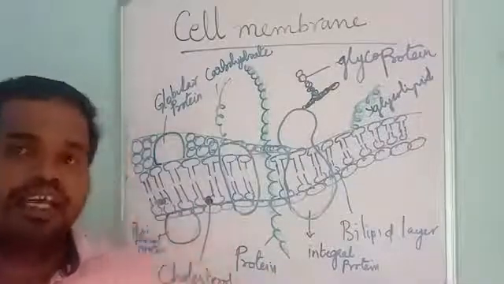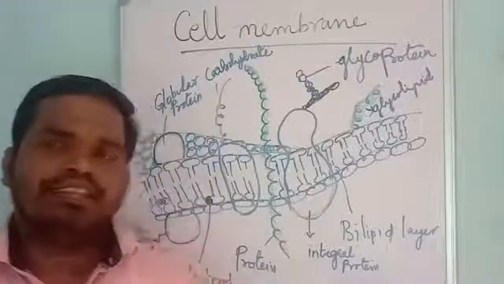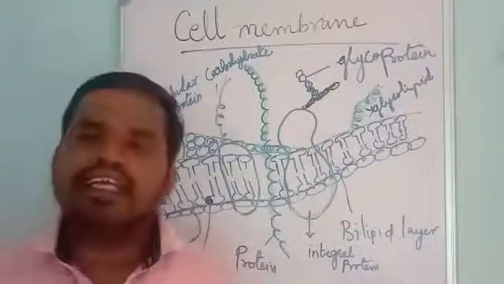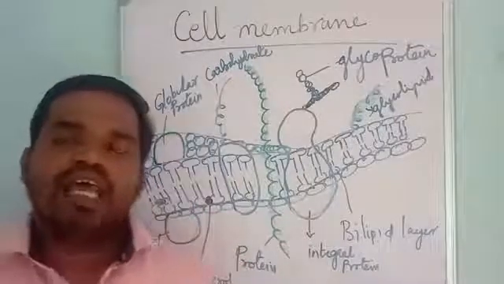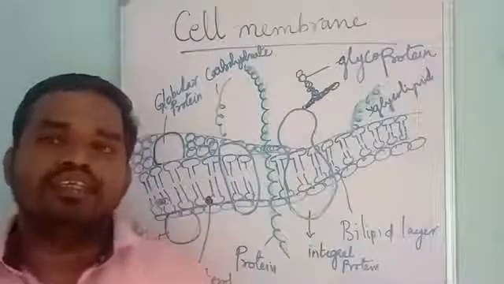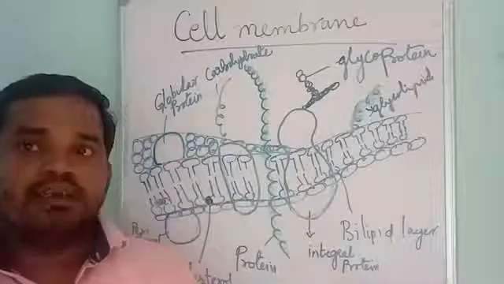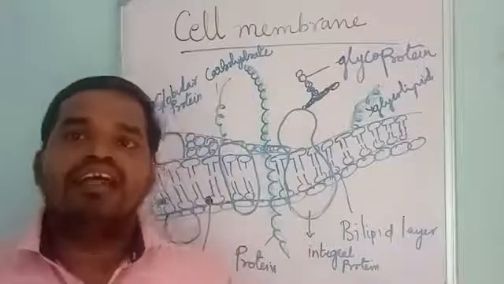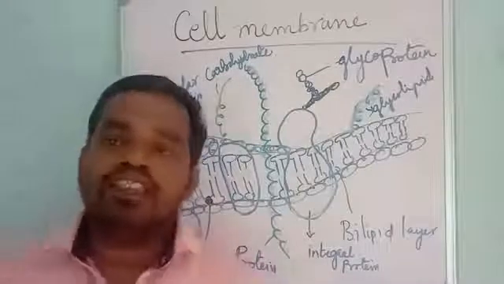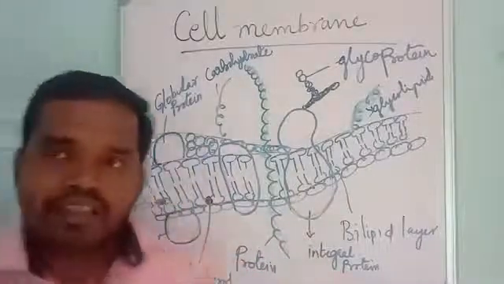The next one is cell transduction, or cell signaling. Cell signaling plays a major role in plant cells and fungi. Once the substances bind with the cell membrane, the receptor of the first messenger receives the information and sends it to the second messenger in the cell.